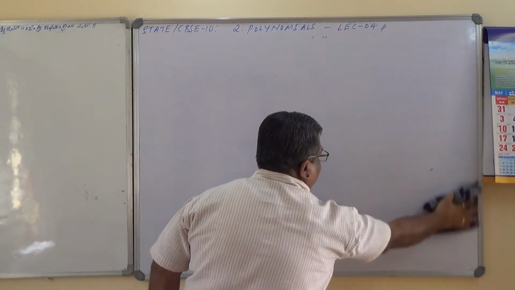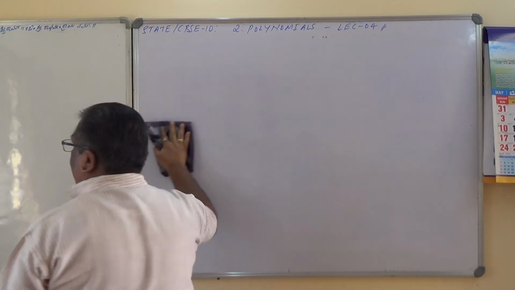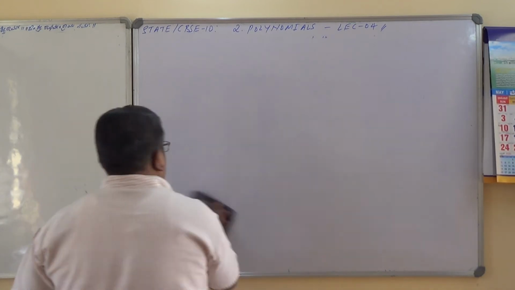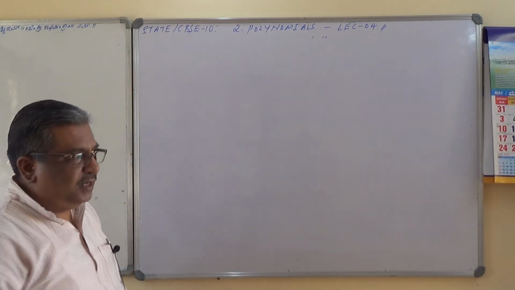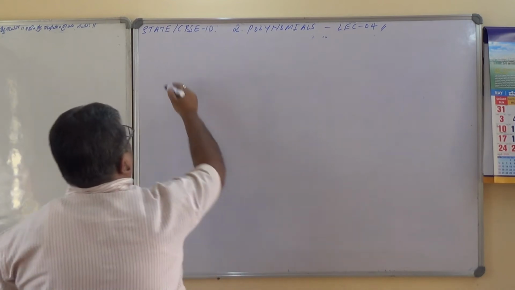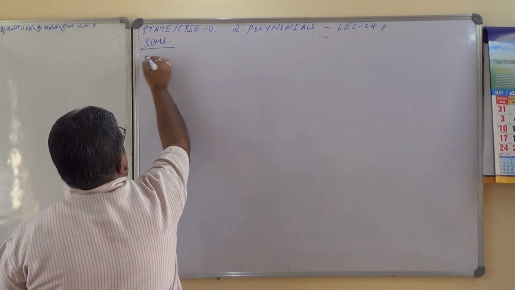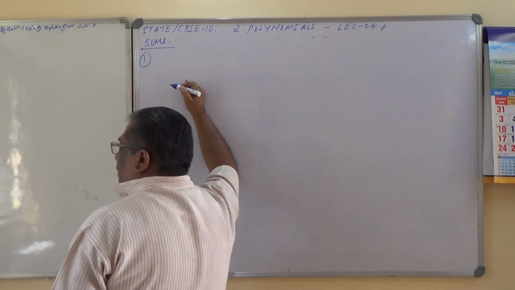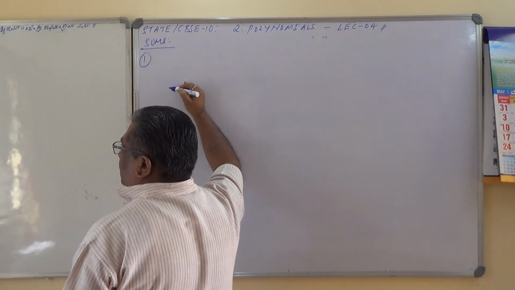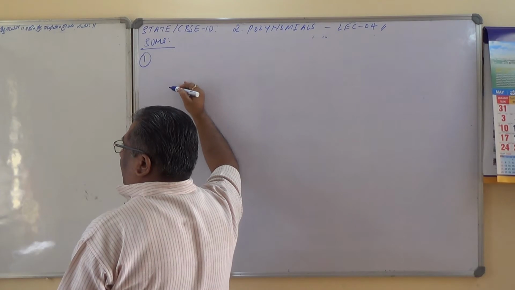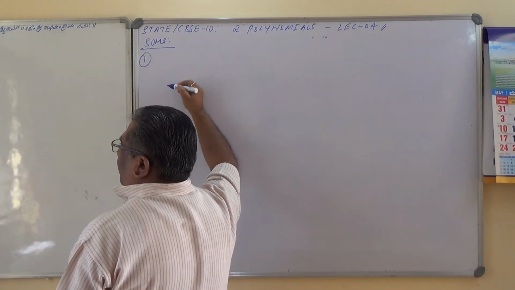So first sum, it is from RDS as well as NCERT. We'll solve some numericals now. First one: verify that 3, minus 1 and minus 1 by 3 are zeros of the cubic polynomial p of x.